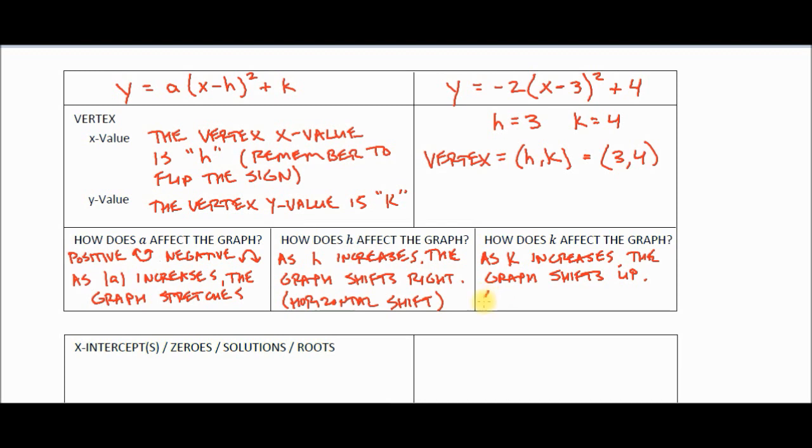So k controls vertical shift, which makes sense. The y-axis is vertical, it's up and down. And since k is the y value of the vertex, a change in k will make the graph go up and down. Increases means it goes up, decreases means it goes down. Since h is the x value of the vertex, it moves the parabola on the x-axis, so it shifts it left and right.